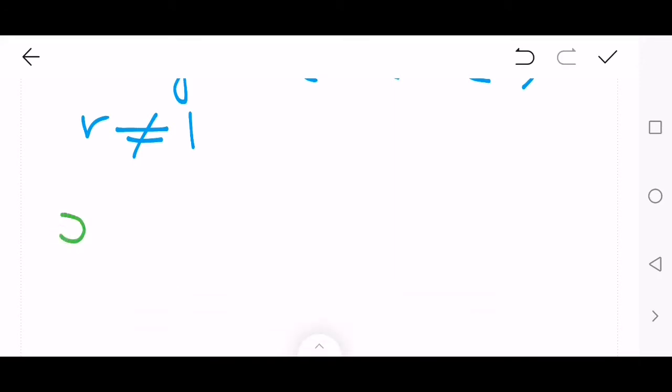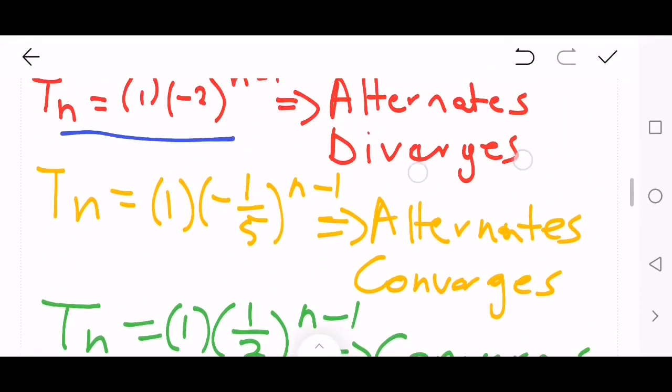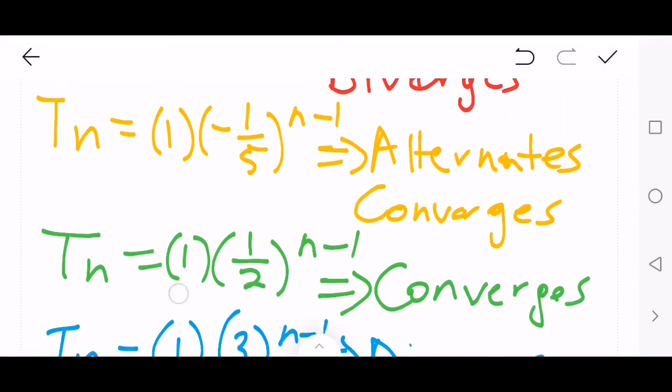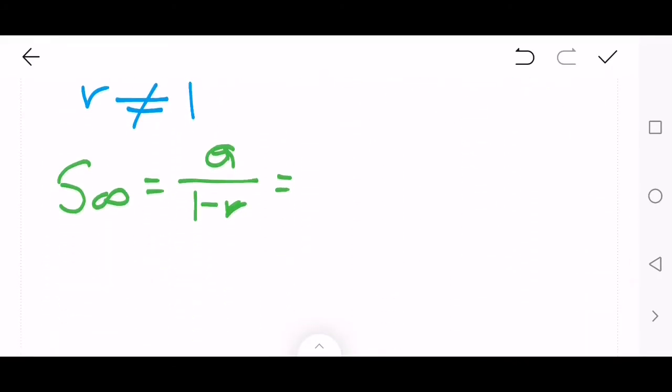The sum to infinity equals a over 1 minus r. Our a for this sequence was 1. So we have 1 over 1 minus 1/2, and that will give us a sum of 2.